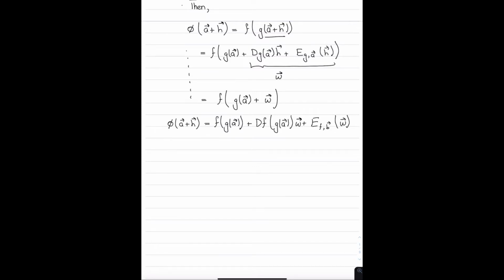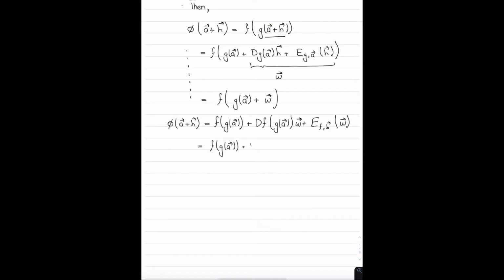So the interesting piece here is that we are almost done. The only thing we need to do now is expand this w and then show that the error term does indeed go to 0. So let's expand this w. We know what w is by definition.